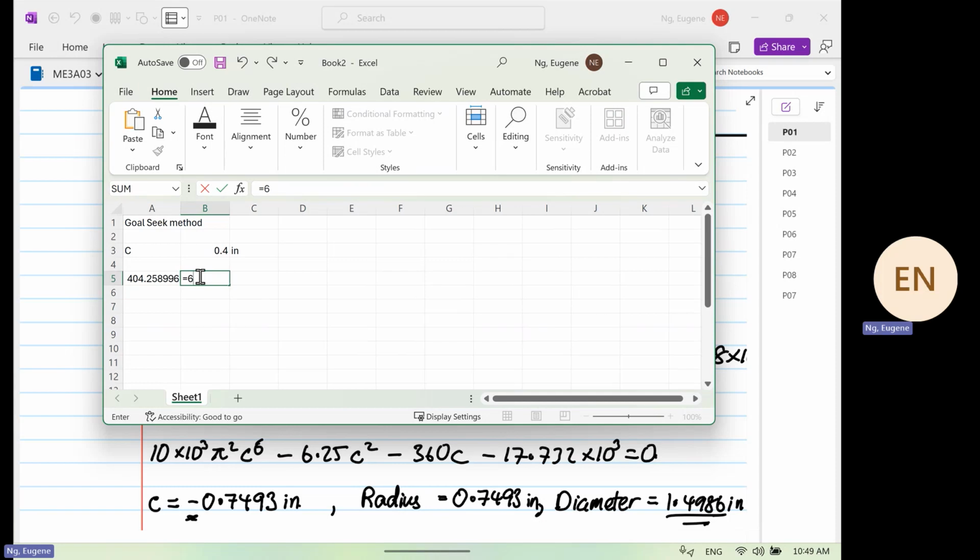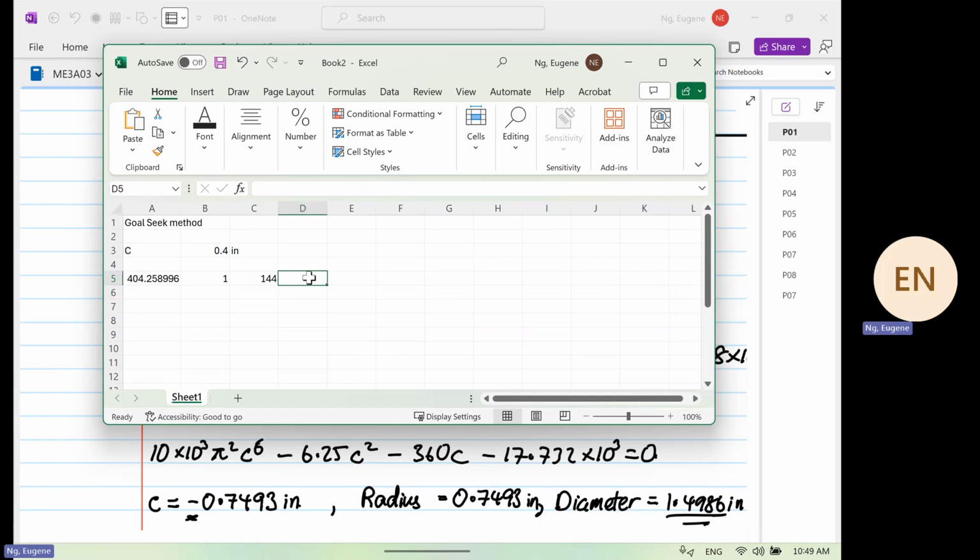The second expression is 6.25 times C to the power of 2. So 0.4 squared times 6.25 is 1. That's correct. And then the next one is equal to 360 times 0.4.